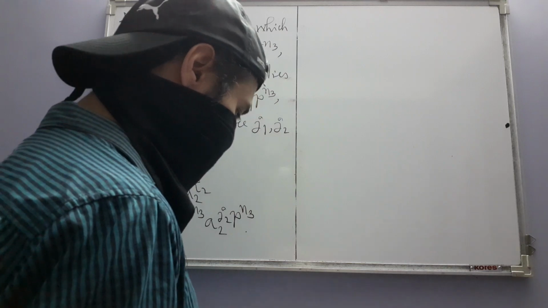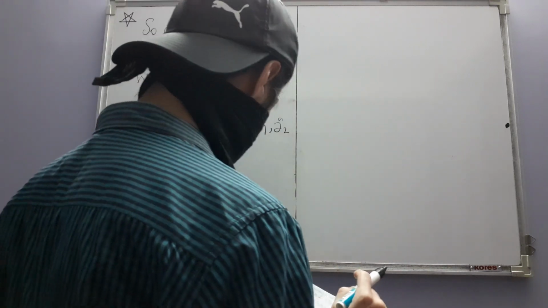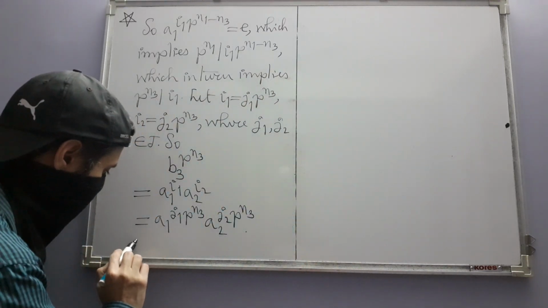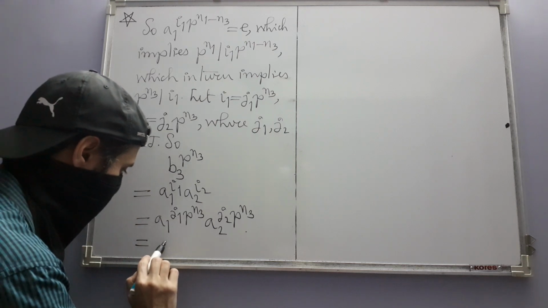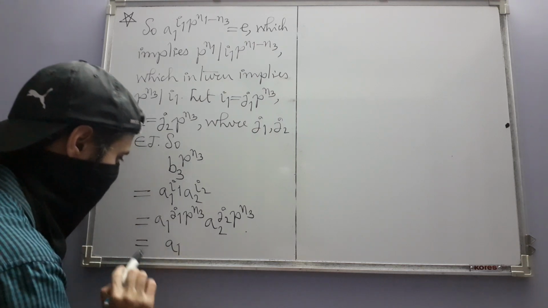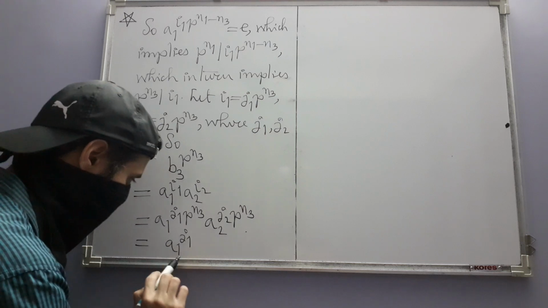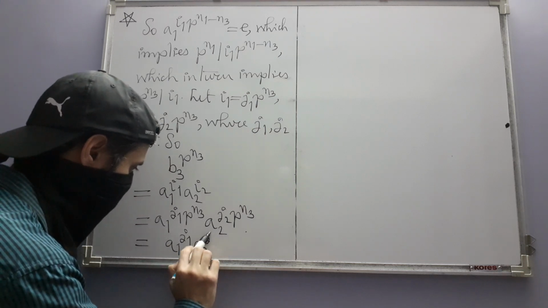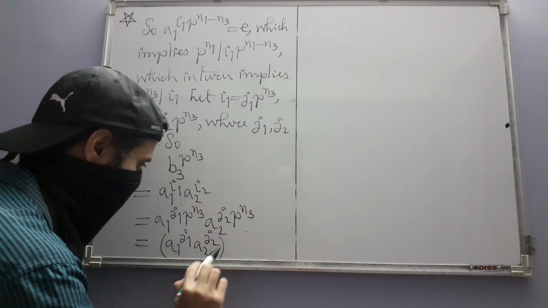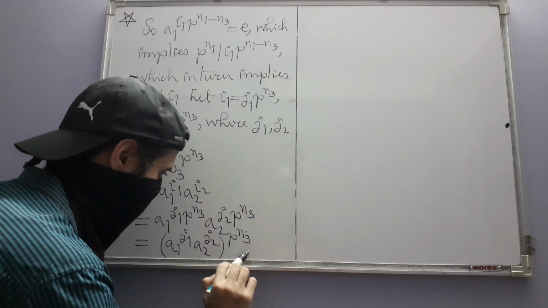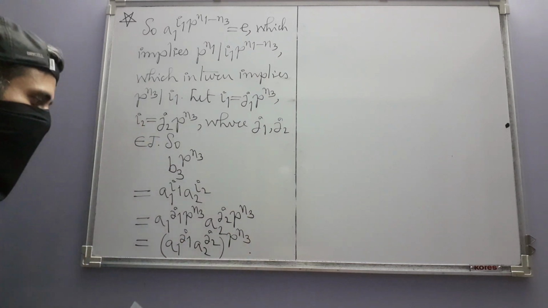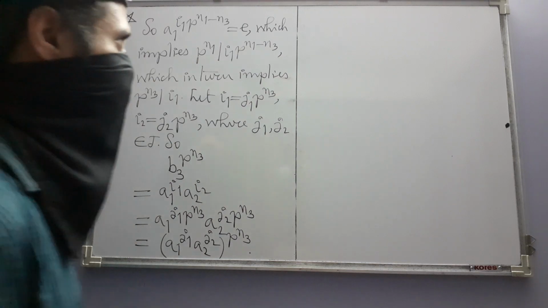And that A3 is going to be, we can, however, add one more step here. A1 to the power j1 times a2 to the power j2 whole to the power p to the power n3, again because of the fact that we are in an abelian group.